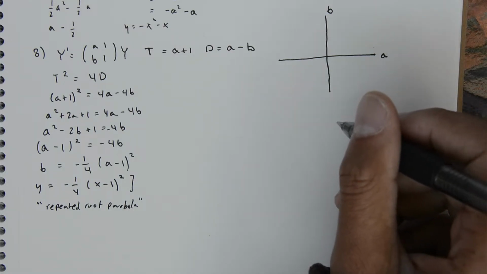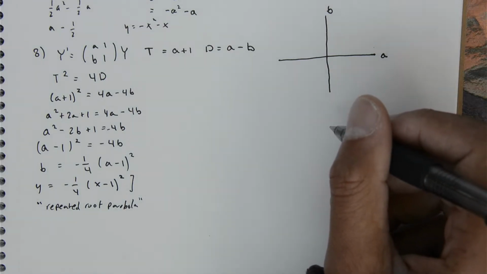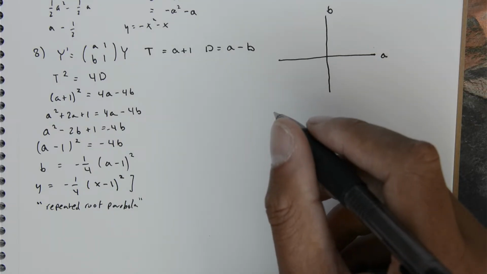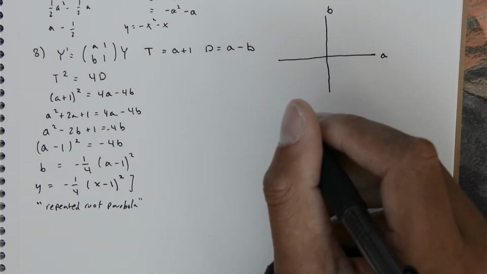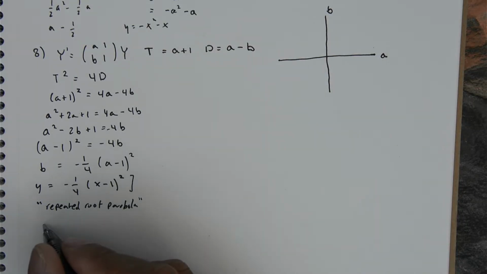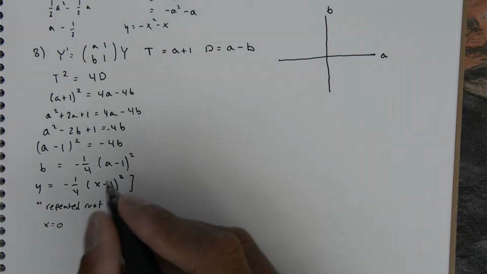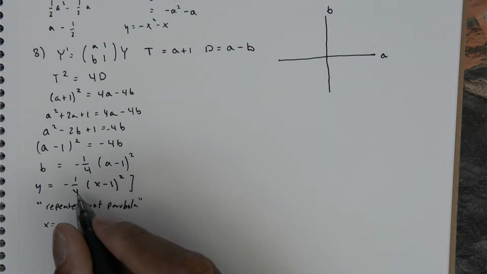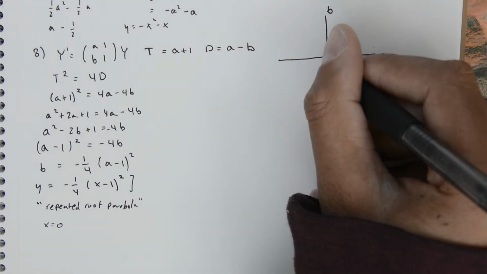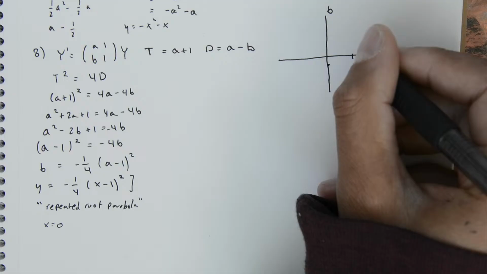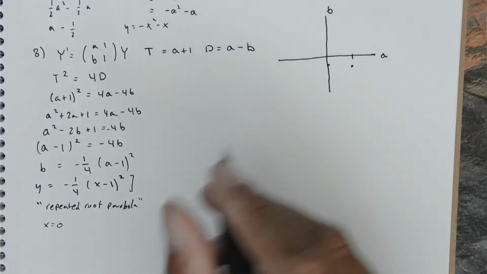So all right, let's just say if x is 0, or let's say, okay, at x equal to 0, we get 1 times minus 1/4. So we're going to be like, 1 is right here, maybe minus 1/4 is right here. So we're going to be like right there. All right, let's try to find the zeros.